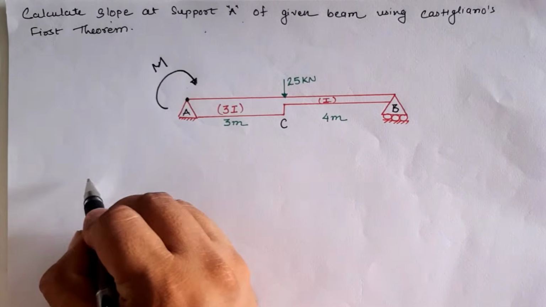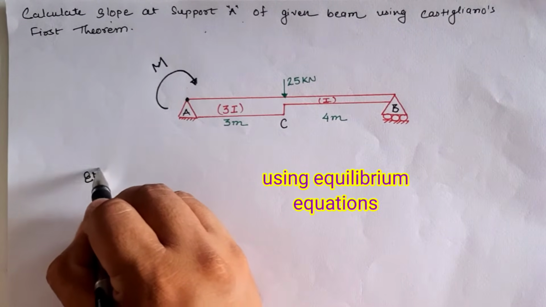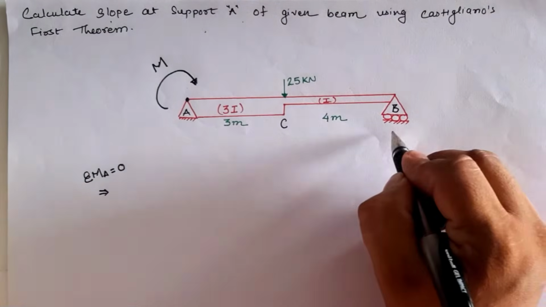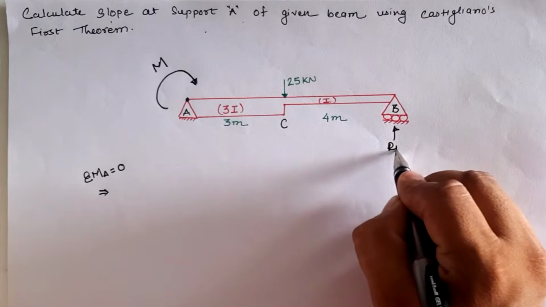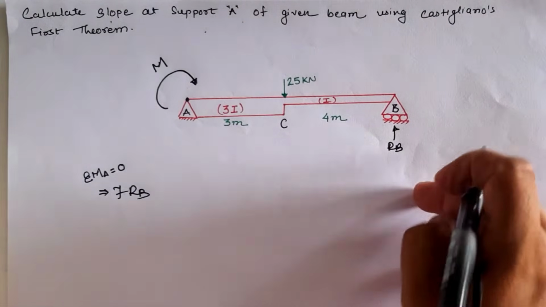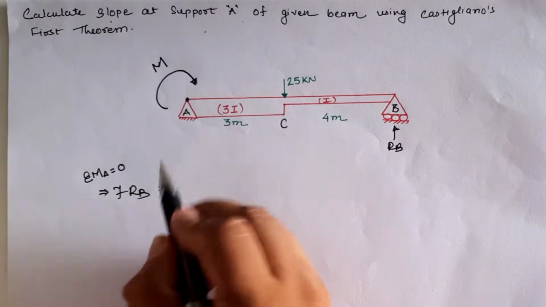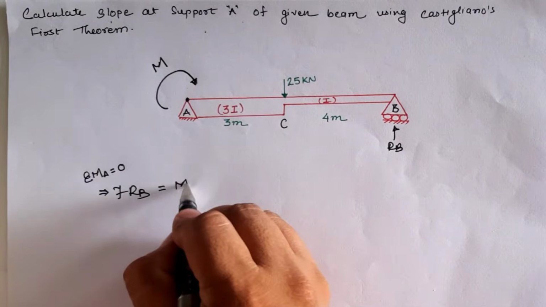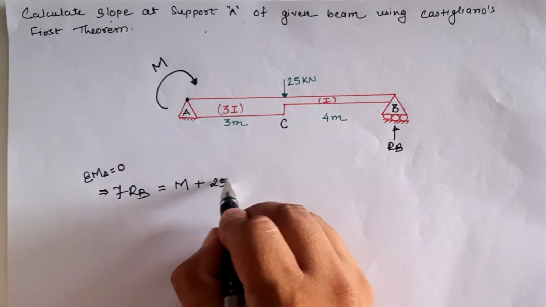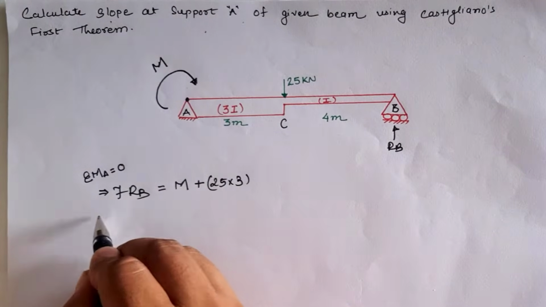If we take the equilibrium condition, sigma M at A equal to 0, then with the reaction at B as RB, we get 7 RB in anticlockwise direction, which is equal to the clockwise moment M plus 25 into 3 as the moment of the load.